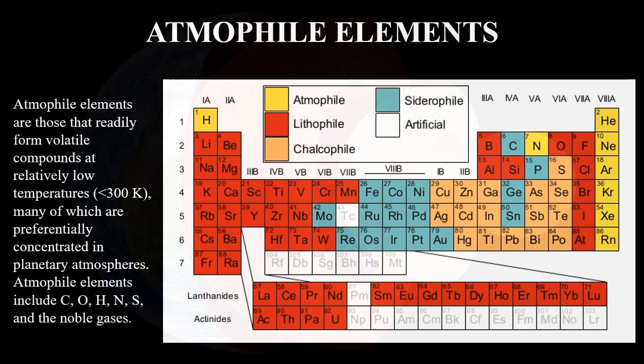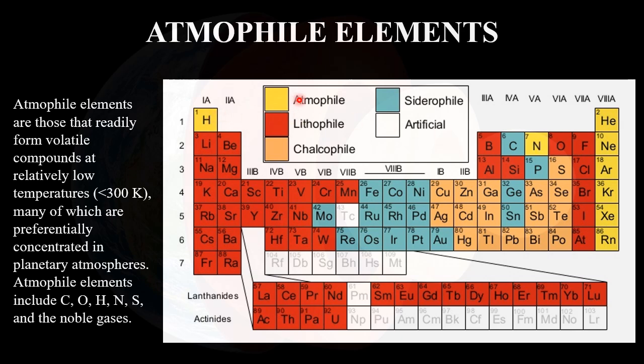Another class of elements are the atmophile elements. The atmophile elements are those that readily form volatile compounds at relatively low temperatures, that is less than 300 Kelvin, many of which are preferentially concentrated in the planetary atmosphere. Atmophiles include carbon, oxygen, apart from that hydrogen, nitrogen, sulfur, etc. And these also include the noble gases.